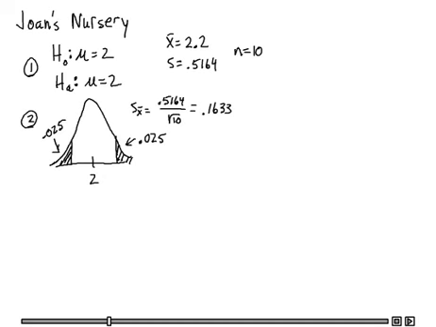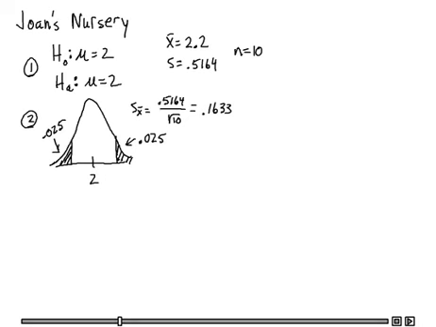Now, to find the critical values, I need to go to the t-table. In this case, the area of the upper tail is 0.025, so that's the column I'll be looking at. The sample size is 10, so the degrees of freedom, remember, is to subtract 1 from that.